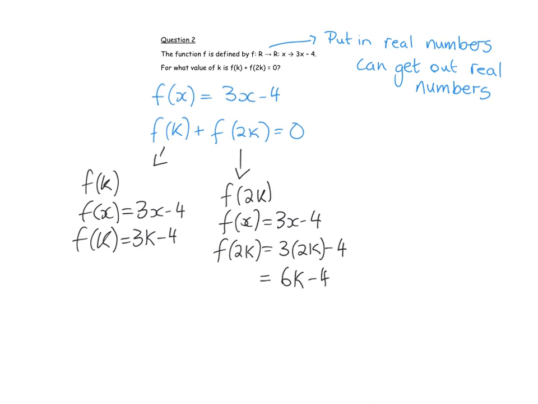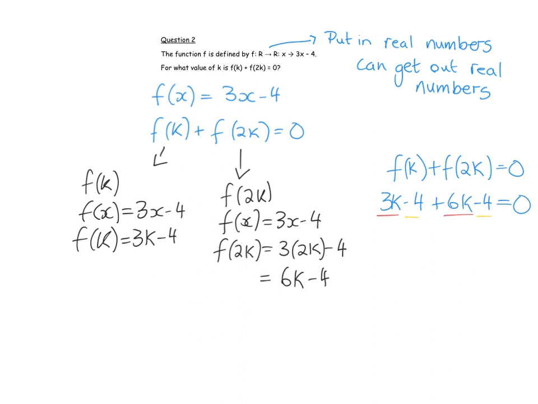Now going back to what we were asked to figure out, we're asked to figure out where f of k plus f of 2k is equal to 0. So I'm going to write out, f of k we know is 3k minus 4, and f of 2k is plus 6k minus 4 is equal to 0. So then we can add the like terms, so we have 3k, 6k, minus 4, minus 4.